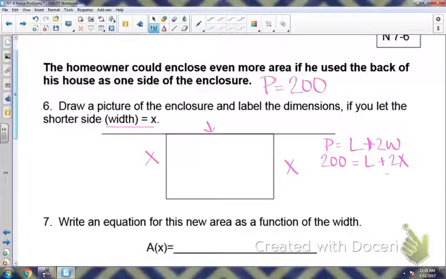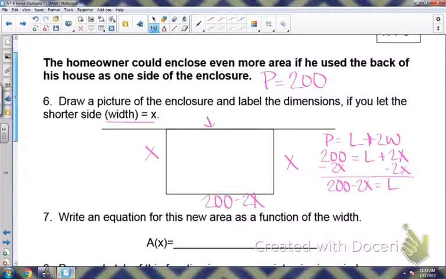So we're going to subtract 2x. So 200 minus 2x equals your length, and then that's it. Okay? Since we only had 1 length, it's 200 minus 2x, because we're not using that 4th side.